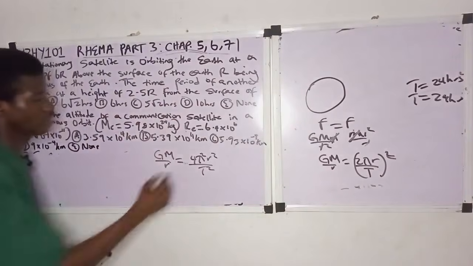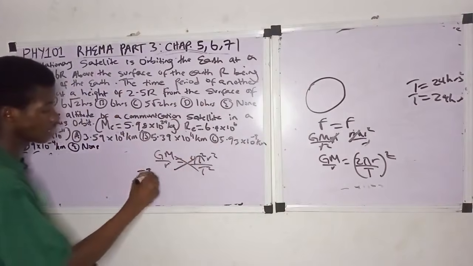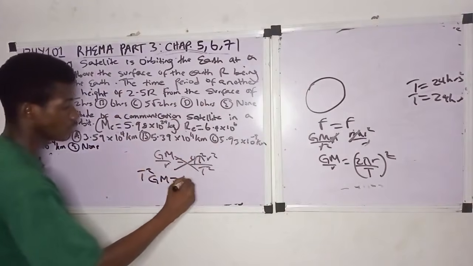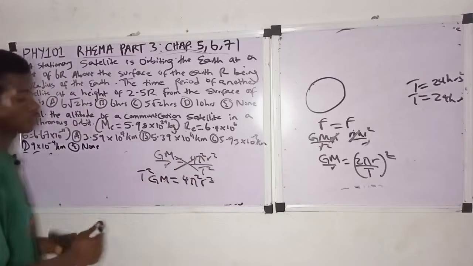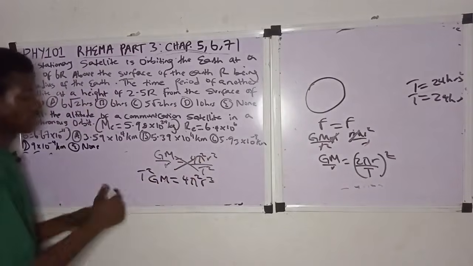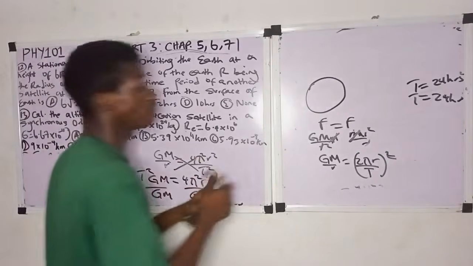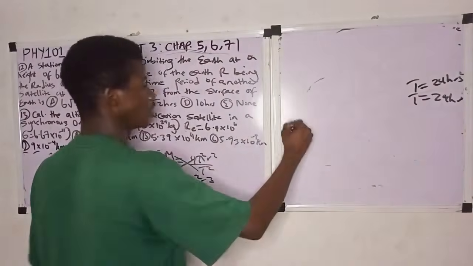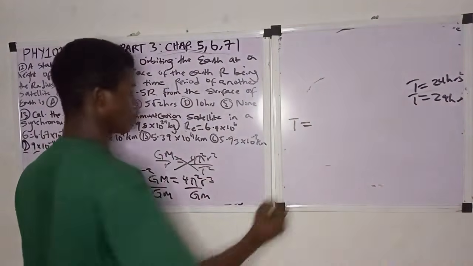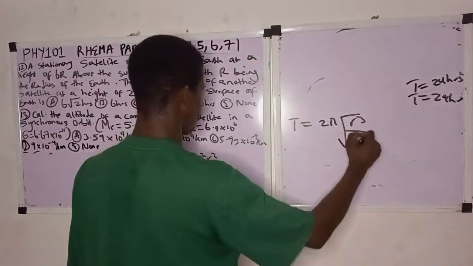So let's continue. Now we want to make T stand alone. Cross multiply: T squared GM is equal to 4 pi squared r cubed. r times r squared gives us r cubed. Then we make T stand alone by dividing both sides by GM. So the formula for period is T equals 2 pi root of r cubed over GM.